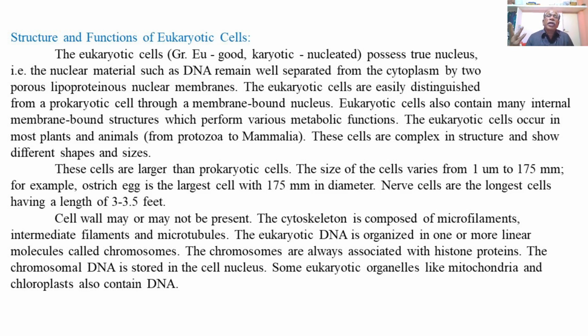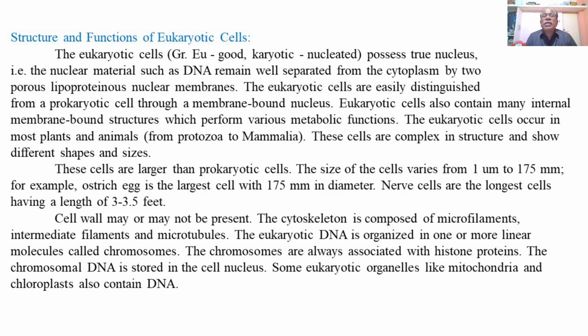But in prokaryotic cells or bacterial cells, as we have explained in the E. coli cell, there is a single spherical coiled DNA representing the bacterial chromosome without a nuclear membrane. So, with the help of the nuclear material or the nucleus, we can differentiate the prokaryotic cell and the eukaryotic cells.